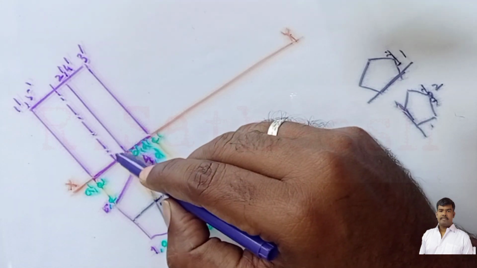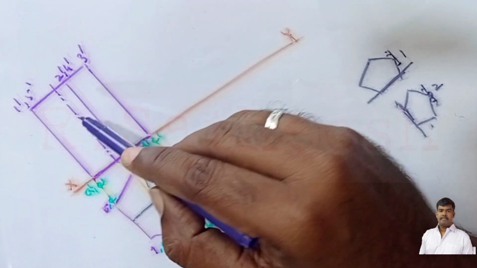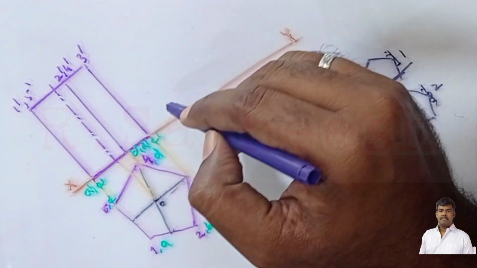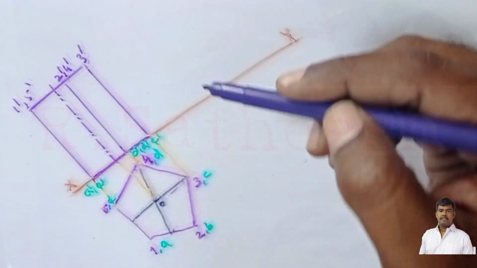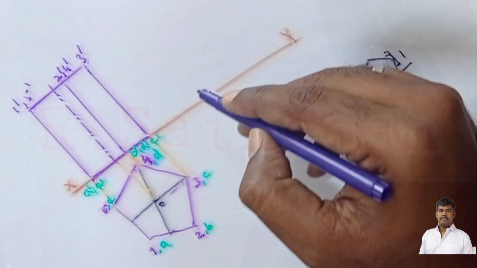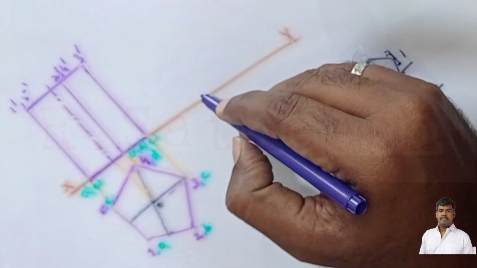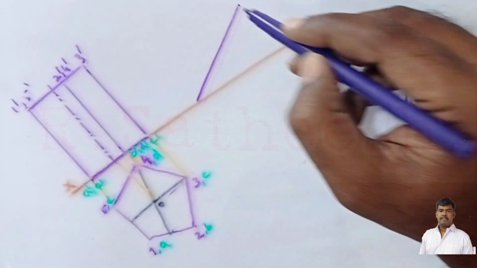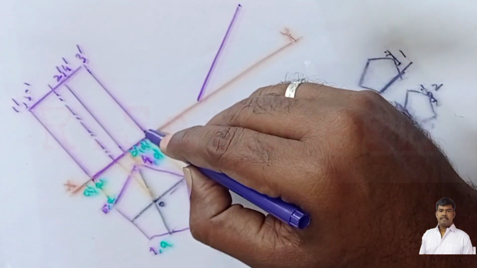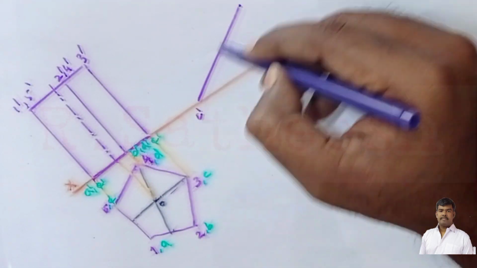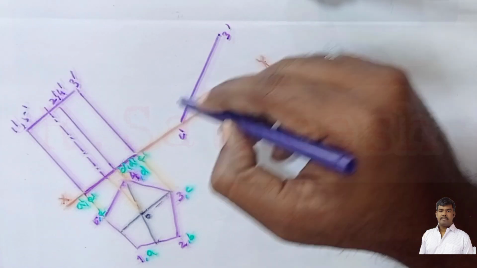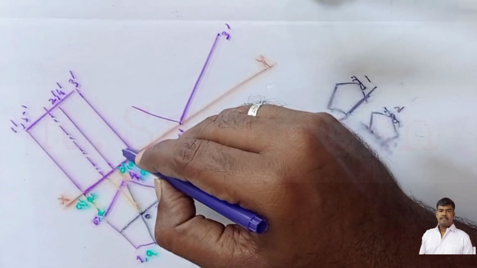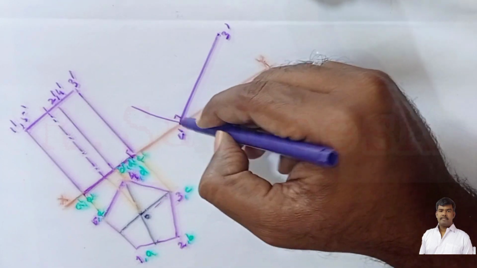We know the axis and base are at 90 degrees, so all the edges are parallel to the axis. Therefore, if the axis is inclined at a given angle, all the edges are also inclined at the same angle. So we draw a 45 degree line, and let us consider this is C dash and 3 dash, 60 long. The edge and base are at 90 degrees.